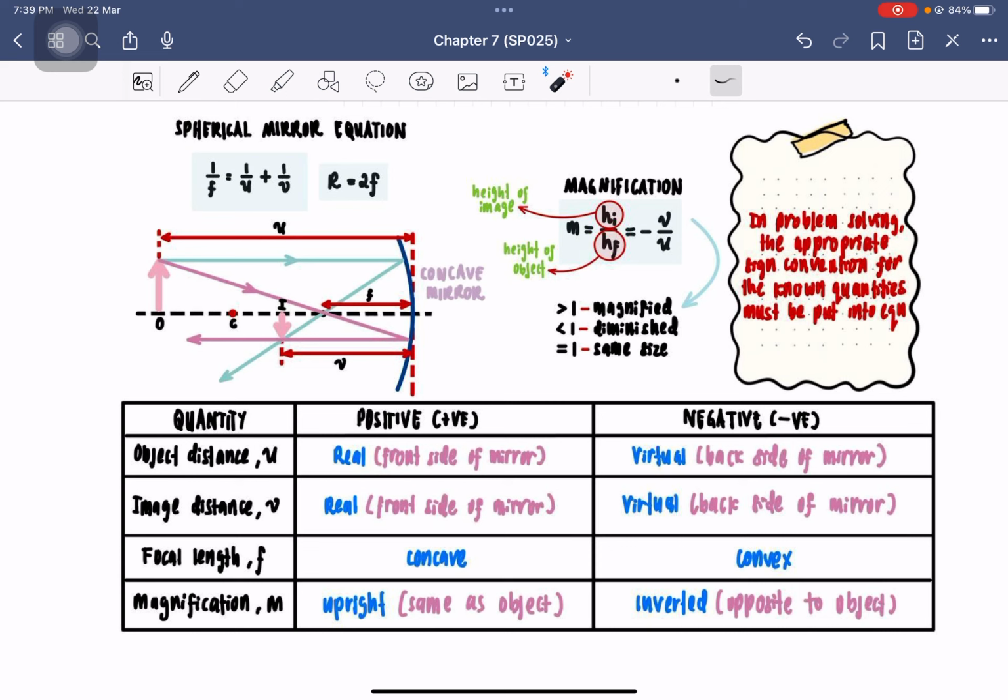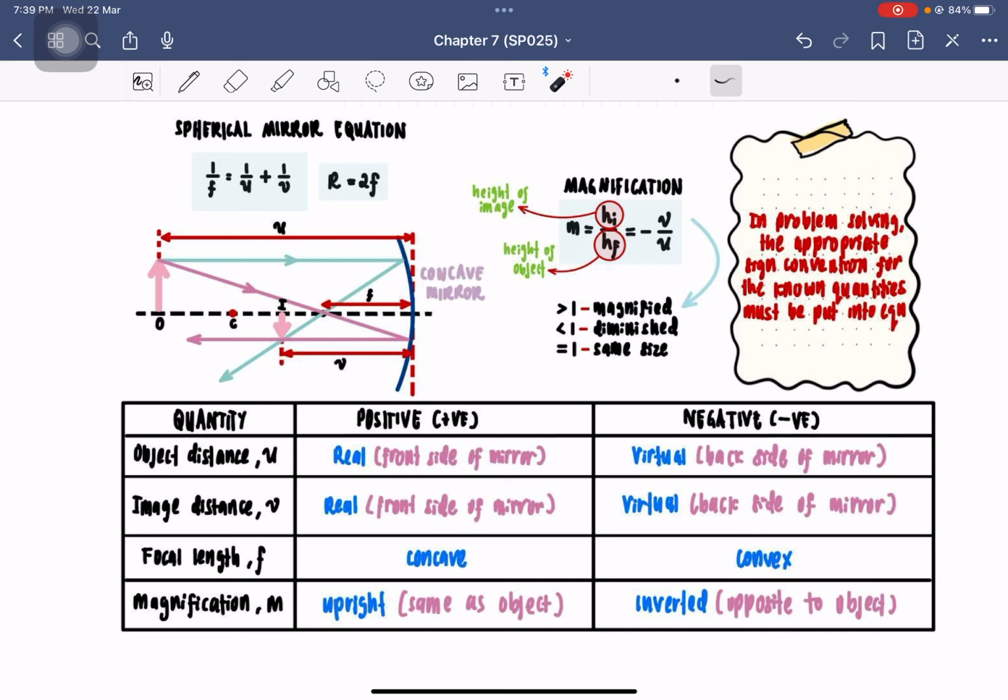Okay, no. So object distance, u, is the distance from the object till the mirror, and then v is the image distance from the image itself up till the pole, and then f is just the focal length. And then we have a formula for magnification.